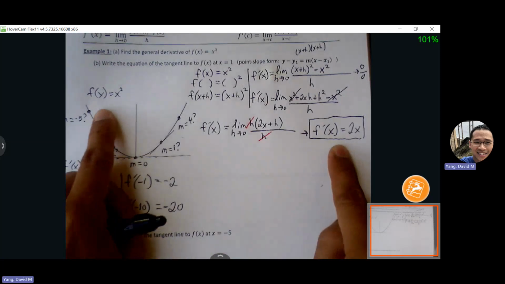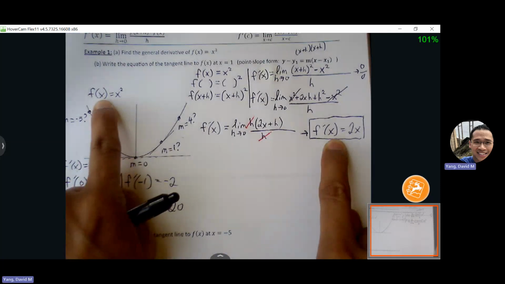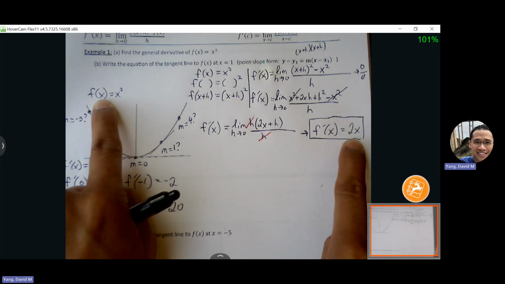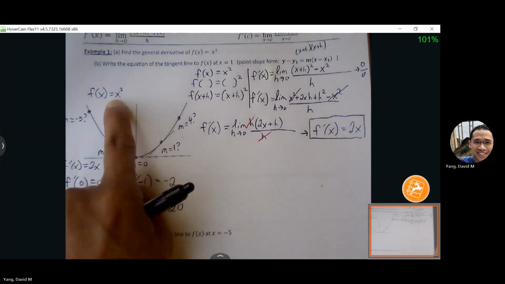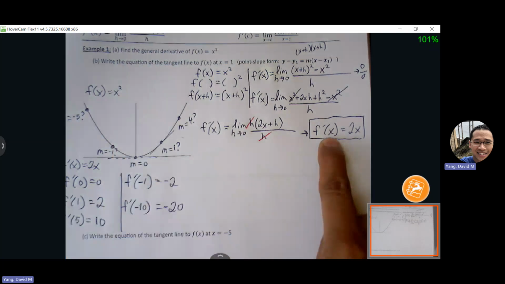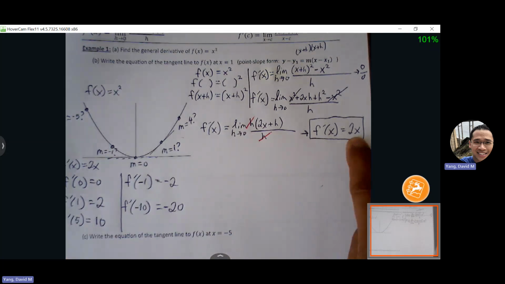Now, I also want to establish something: f of x is x squared, f prime of x is 2x. f of x gives us what on the graph? If I plug in a 1 or 2 or 5, what does that give us on the graph? It gives us the y value, right? But if I plug the same point into the derivative, I'm going to get what? The slope.